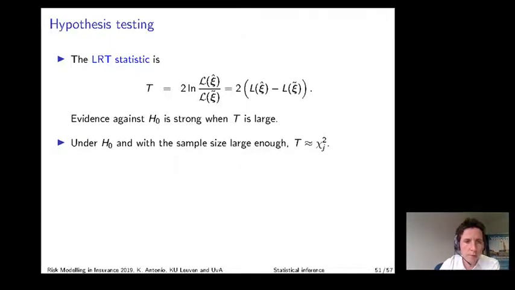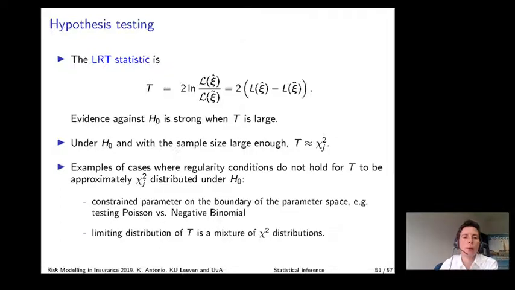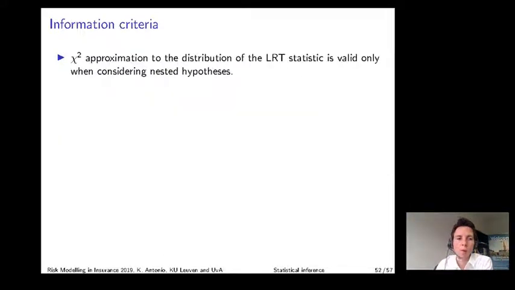The chi-square approximation to the distribution of the likelihood ratio statistic is valid only under certain regularity conditions. You can read more about that over here. It is also valid only when considering nested hypotheses. So with non-nested models, we cannot make use of this test for model comparison.